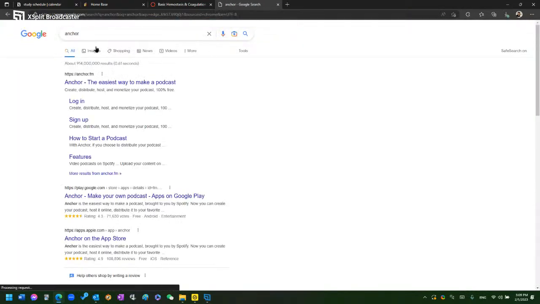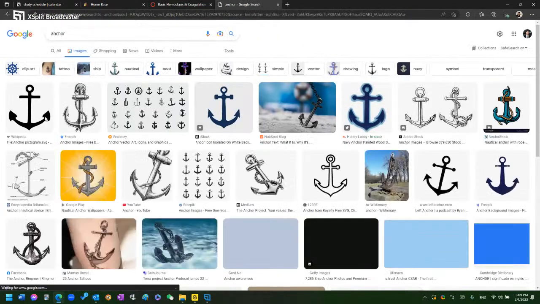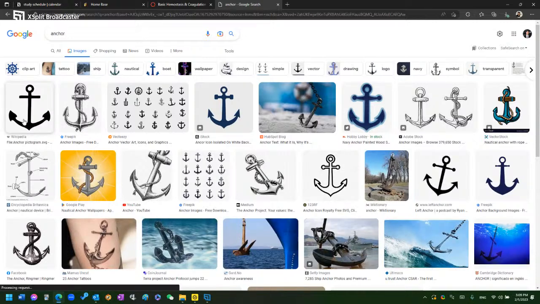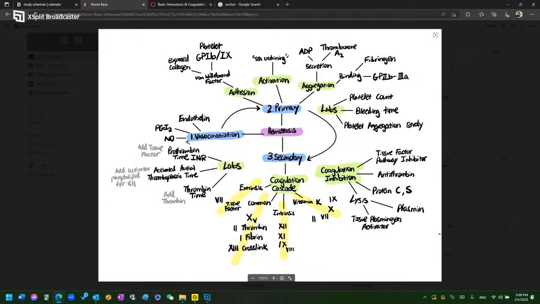I'm really going into this analogy, but an anchor has these two sharp points, right? It's not just a heavy weight. No, it also has to latch onto something. Otherwise, it's not quite as effective as an anchor. So without that surface to anchor onto, we have nothing. So we'll talk about these in our bleeding disorders as well.